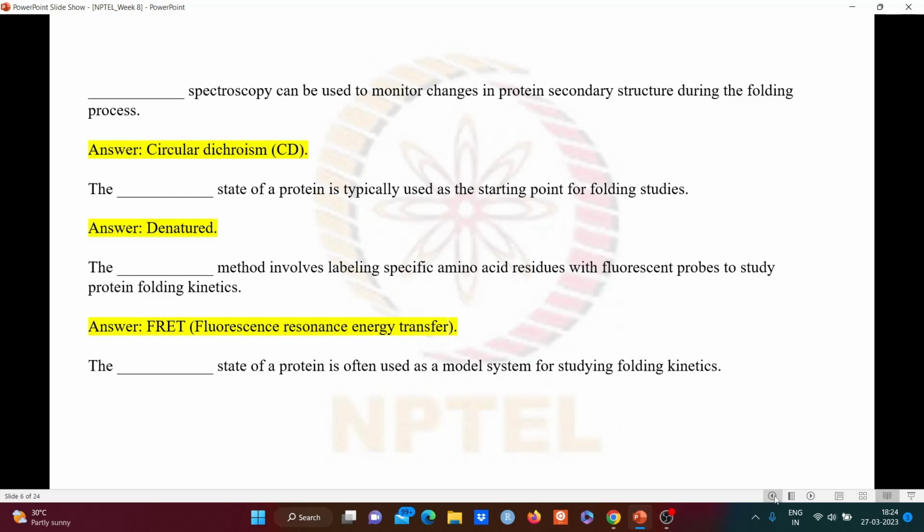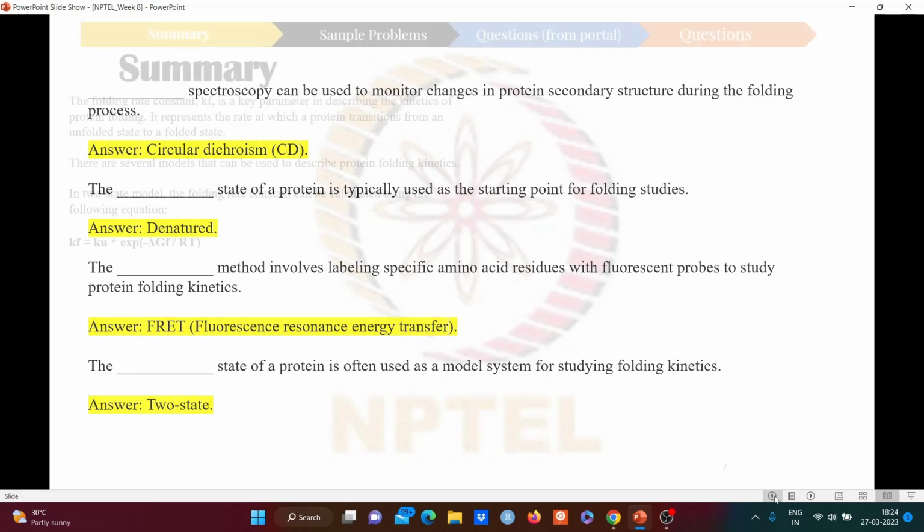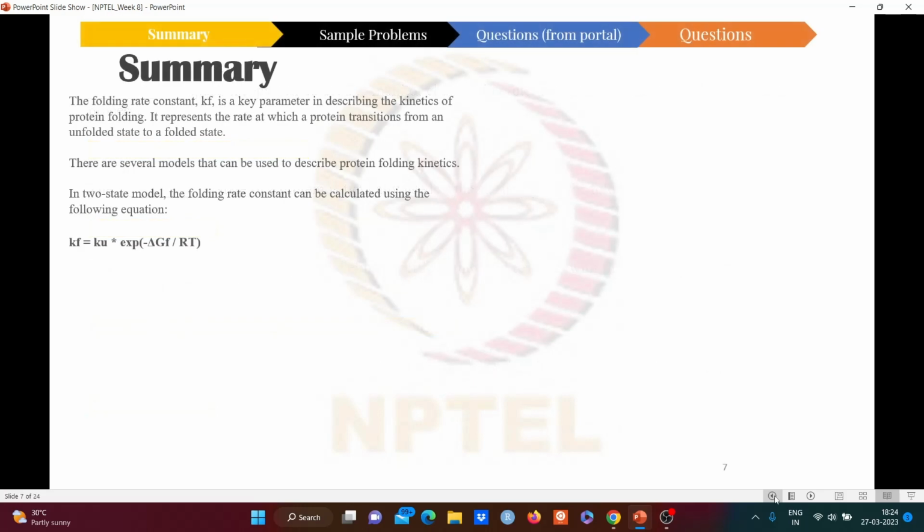Yes, we use a two-state representation, that is, unfolded state to folded state transition or folded state to unfolded state transition. Okay, moving forward, we'll be discussing the folding rate constant.